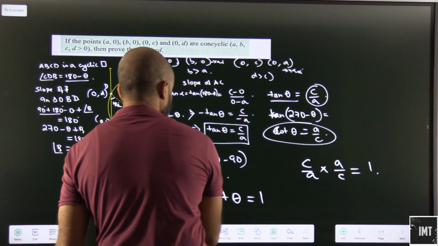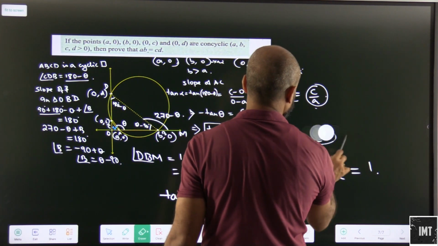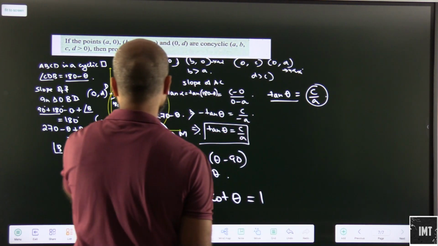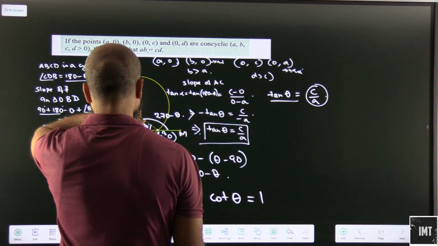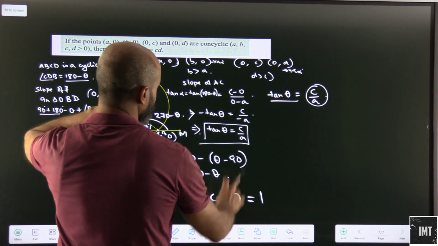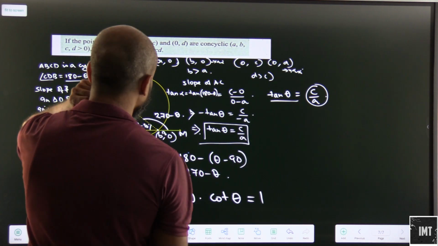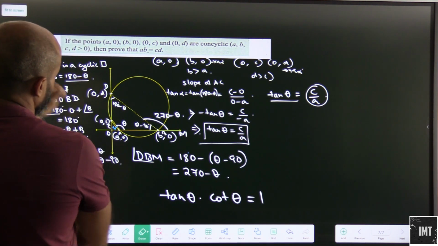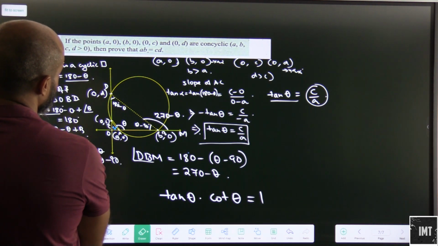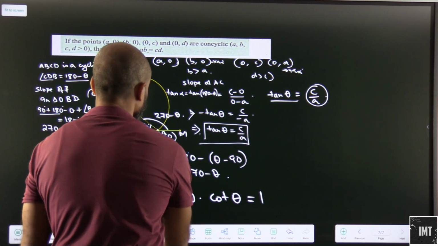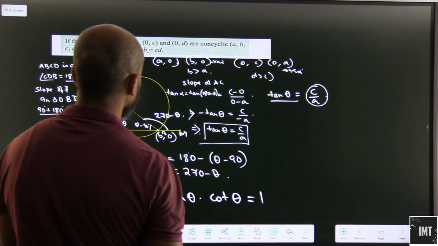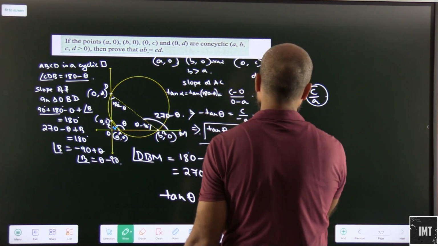Here we can actually take this angle as tan 270 minus theta. If this is theta and 180 minus theta, this will be theta, and tan theta we already have as C by A. So what will tan 270 minus theta be?